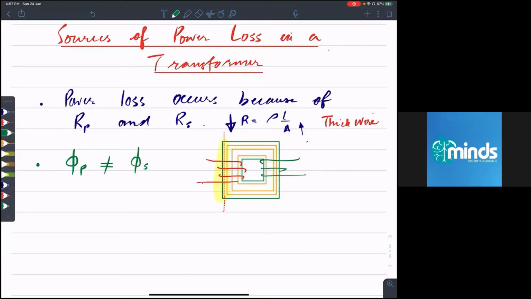But nothing is 100% perfect. A few lines of force can escape the core. So the flux passing through primary is not all passing through secondary. How many of you are actually able to comprehend this thing?